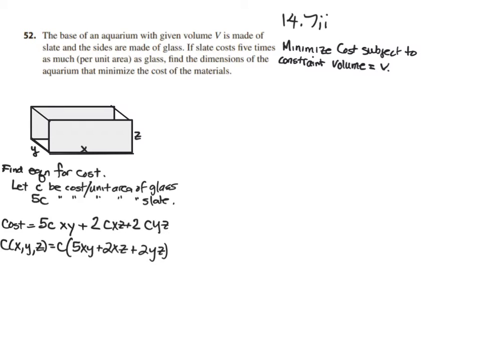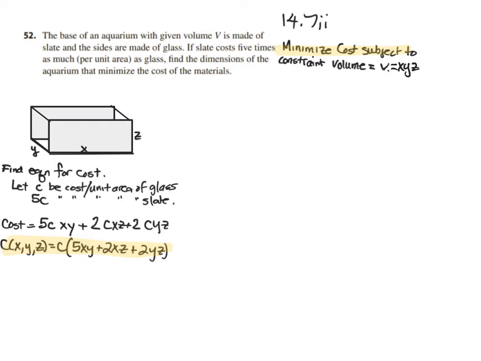So that's what we are trying to minimize, subject to the constraint that the volume equals V. Well, the volume of that box would be xyz.